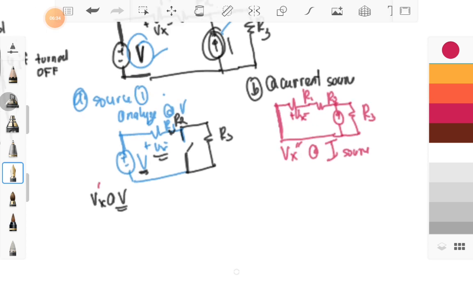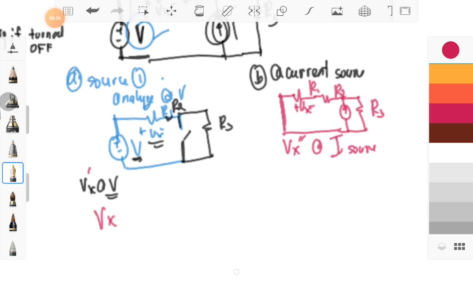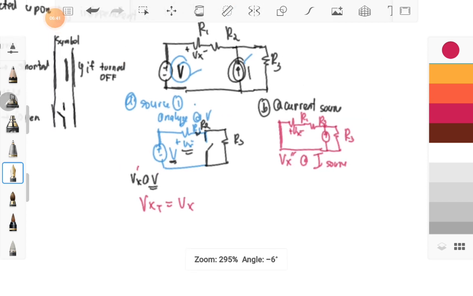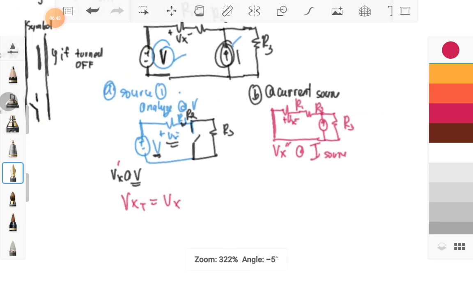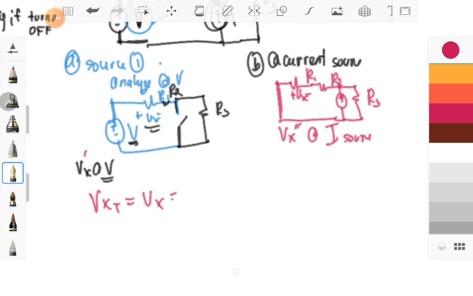Therefore, we will get the total Vx. So Vx total, which is equal to the voltage at Vx, which is equal to your Vx prime, which means that it is the voltage that is given by your voltage V plus our Vx double prime, which means the voltage that is given by our current source.